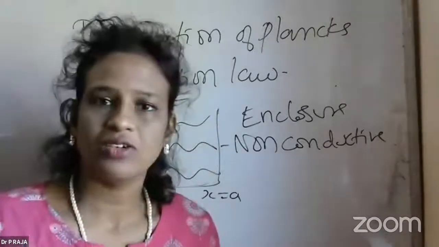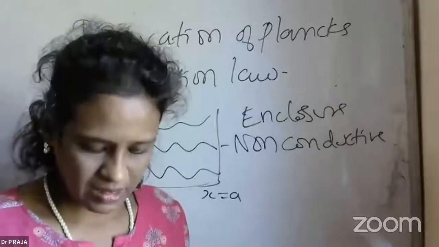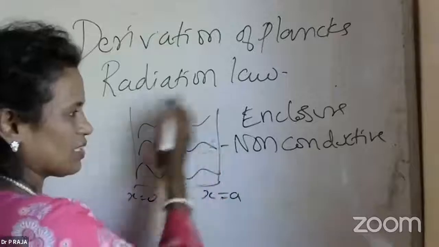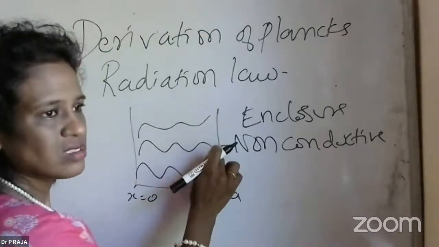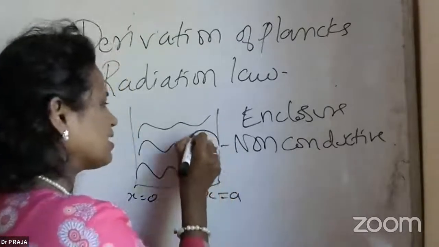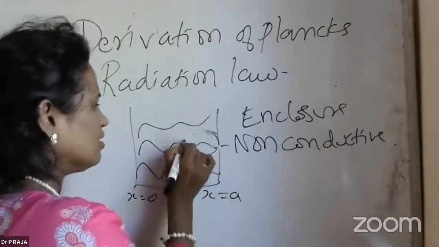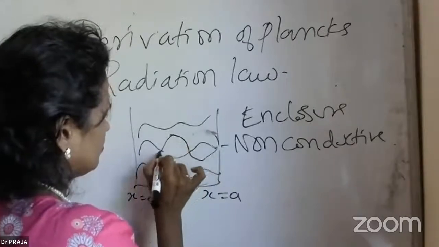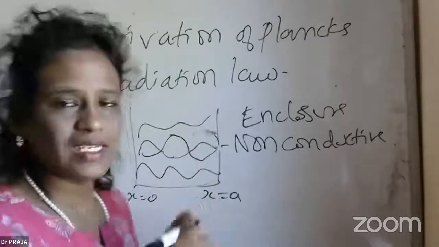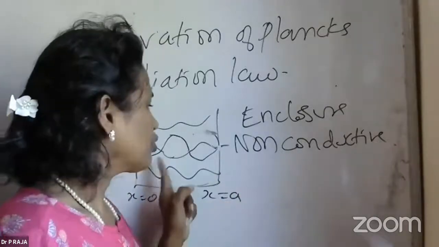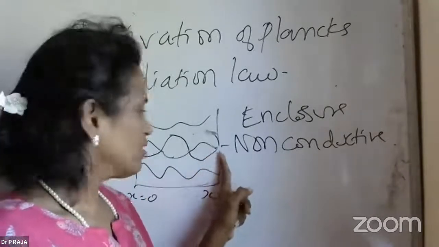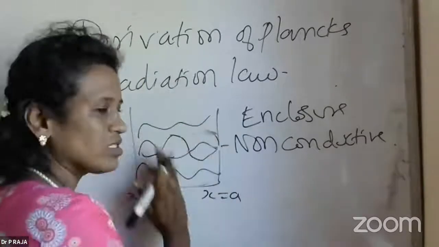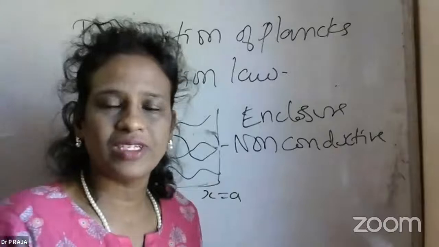These were not taken into account in the previous case, but Max Planck considered all those things and he said that interference takes place. The black body radiations can hit the walls, and when they strike the wall, they get reflected from the walls and can form interference patterns.